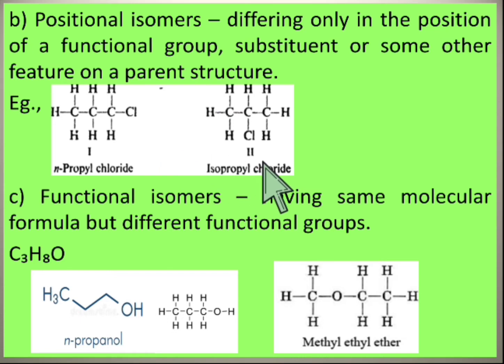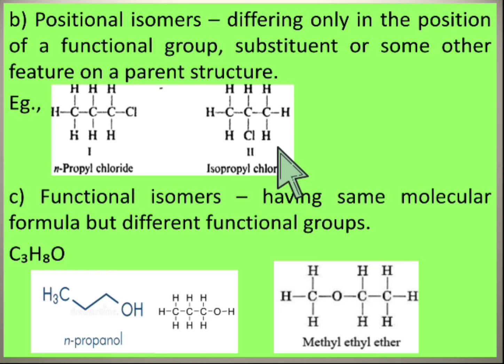As you can see in these two molecules, propyl chloride and isopropyl chloride, they have the same formula, C3H7Cl, but the position of the functional group is totally different. These are examples of positional isomers, where the position of the functional group is different.